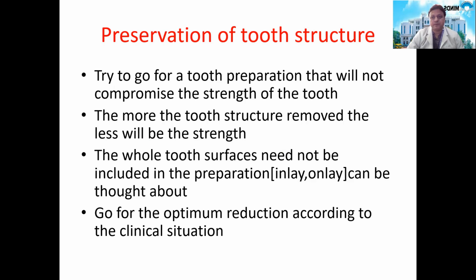At the same time, it has to have enough clearance for the fixed partial denture to sit on. Whenever we are going to prepare the tooth structure, we have to make sure that the strength of the tooth is not compromised, because the more tooth structure you reduce, the weaker the tooth becomes.